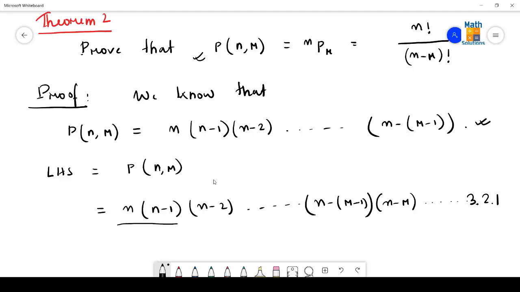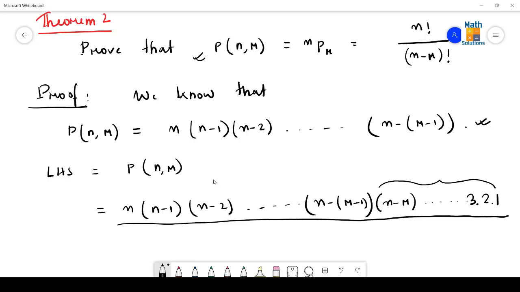Now if I am putting these factors, from my side it has to be balanced further in the denominator part also. Means I am going to write in the denominator part these terms, continuation up to 3 to 1. Means in other words, I am multiplying both numerator and denominator by the term n minus r into n minus r plus 1, continuation up to 3 into 2 into 1.